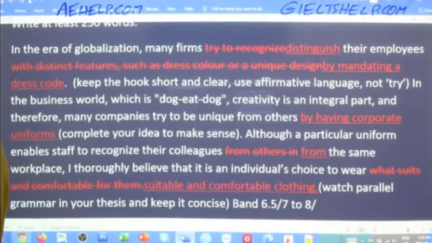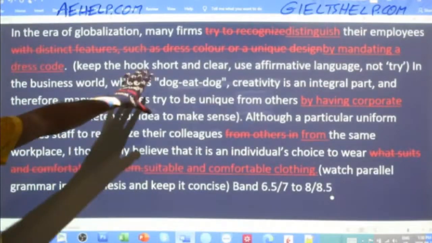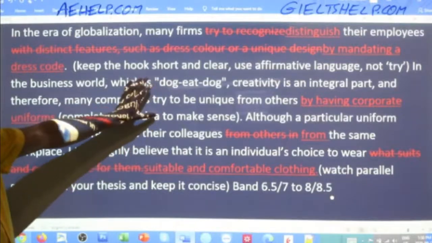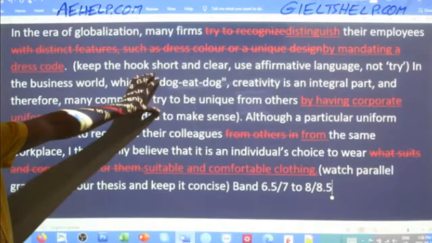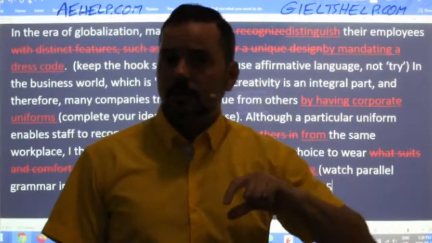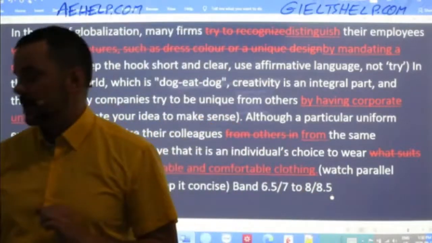If you're wondering, well, why not a 9? It's because, as I mentioned to you, the background could be a little bit better, more accurate to the question. The definitions and the importance of the question could be more accurate. And that's not with the language, that's with the content. Okay? All right?